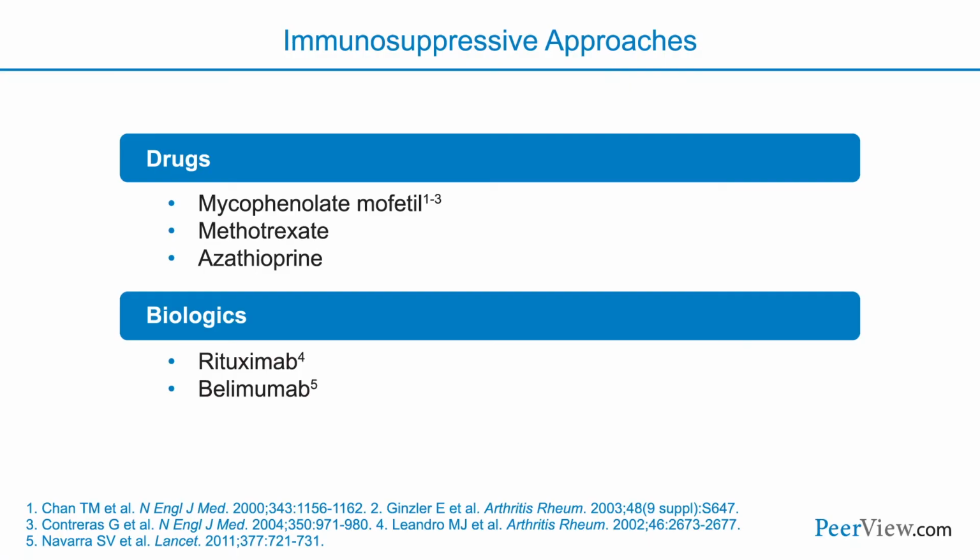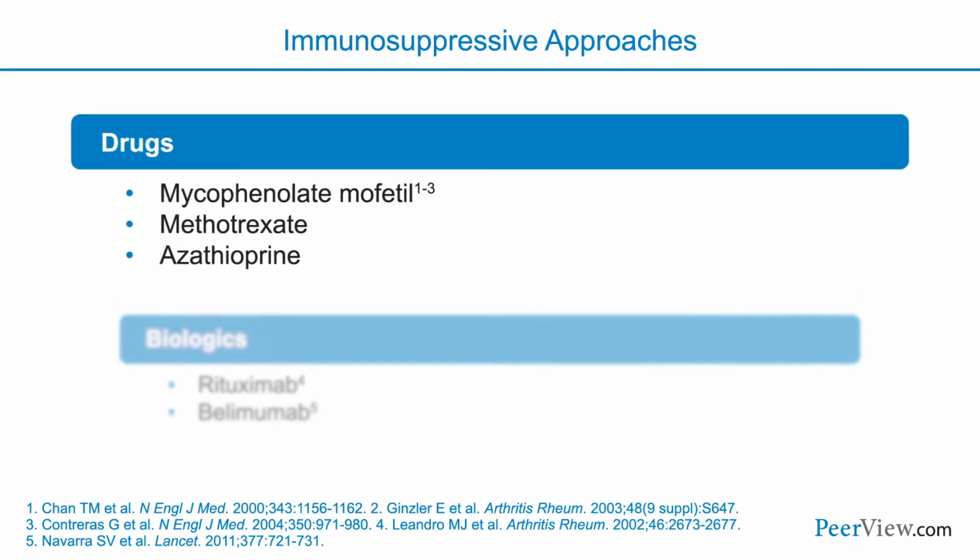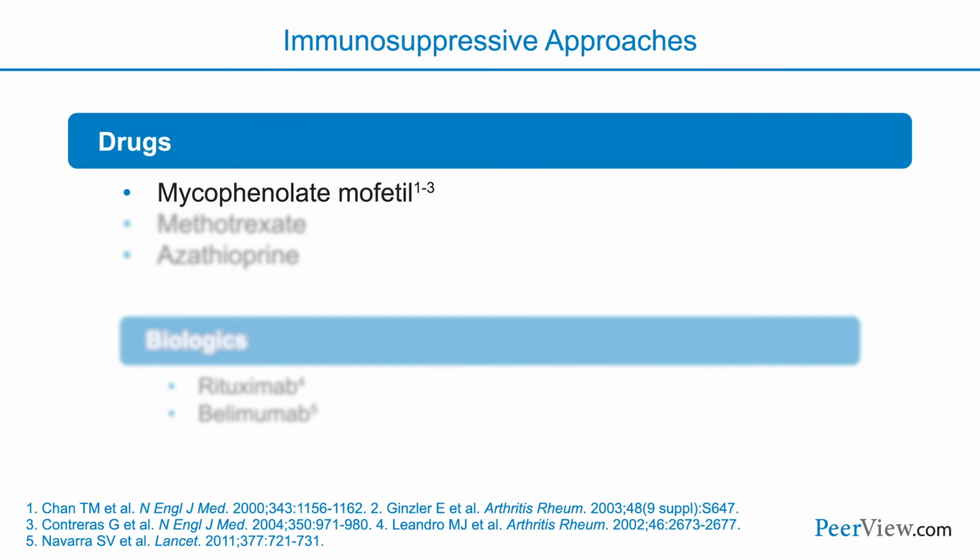They do suppress the lupus part of the immune system, but at the same time they do increase the risk of infection and likely malignancy as well. We use different drugs for different organ systems. So mycophenolate mofetil is our favorite for lupus nephritis, but we also have a lot of experience that it's helpful for lupus serositis and cutaneous lupus.